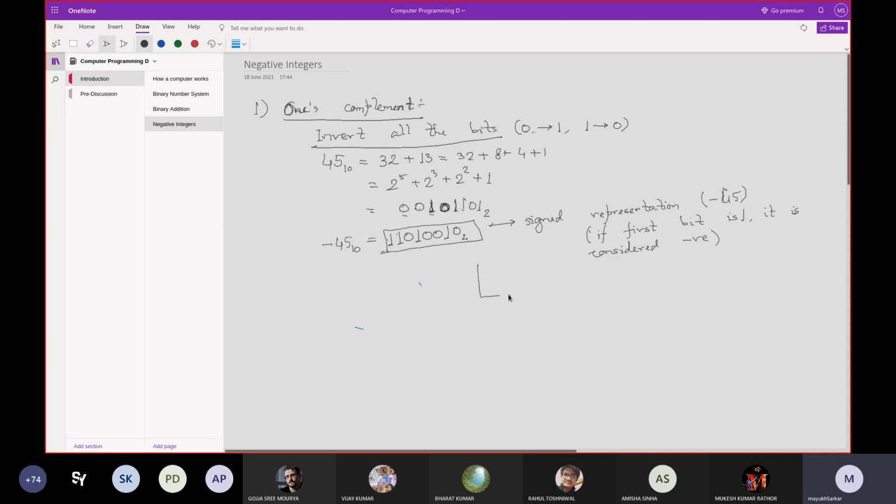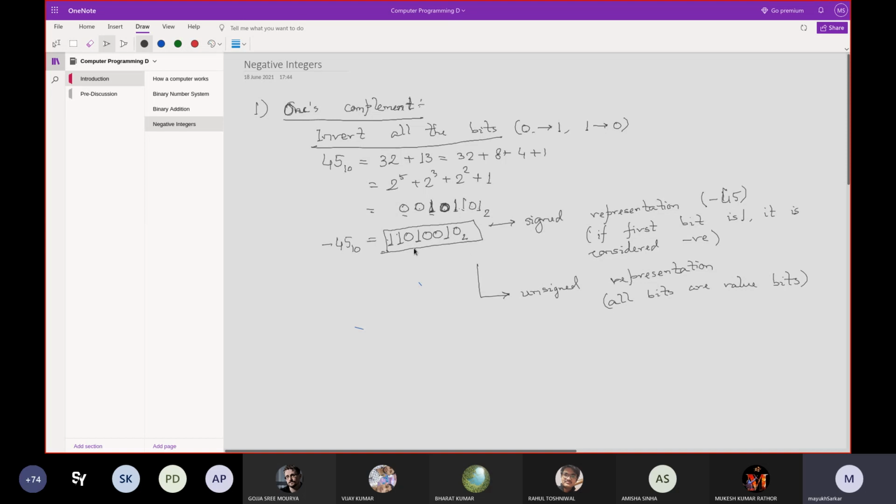Another one is unsigned representation. In the unsigned representation there is no sign bit. All the bits are value bits.